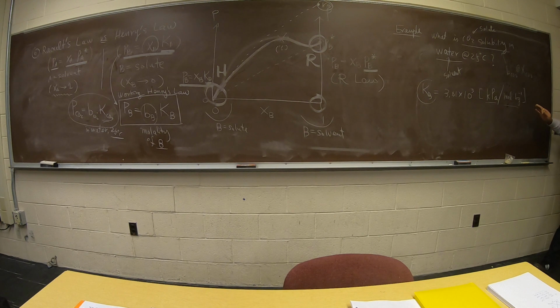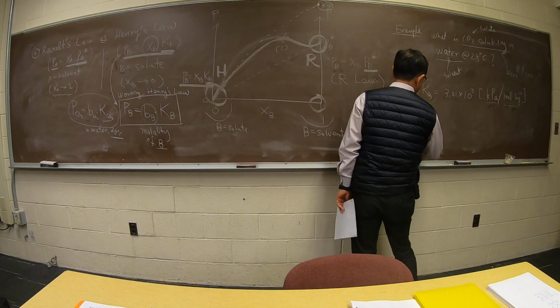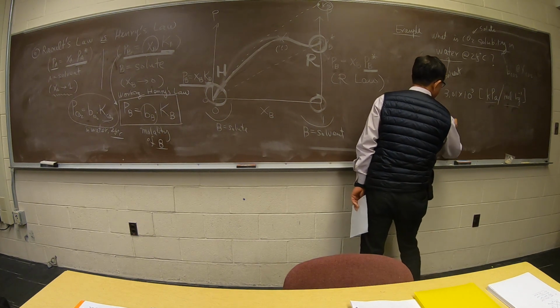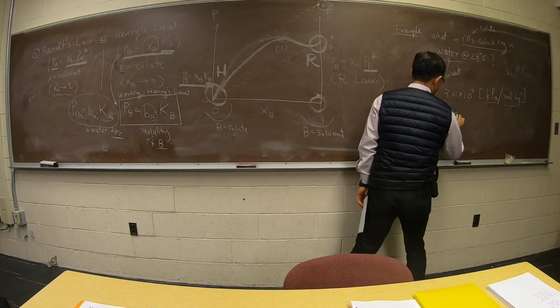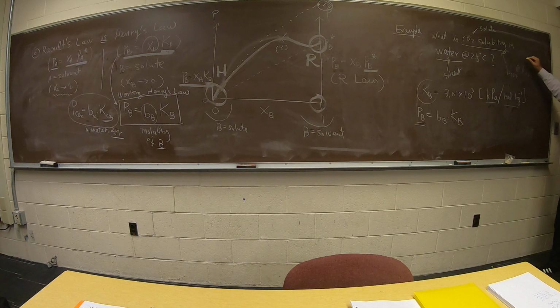You see what this is related to? It is related to the vapor pressure of CO2 with its molality concentration. So I'm going to use PB is bB times KB. And then this textbook problem says the vapor pressure PB is, let's say, 10 kilopascal, or 0.1 atmosphere.